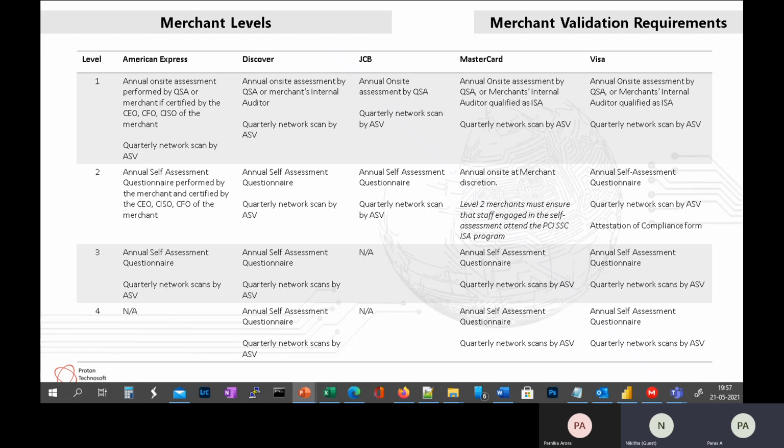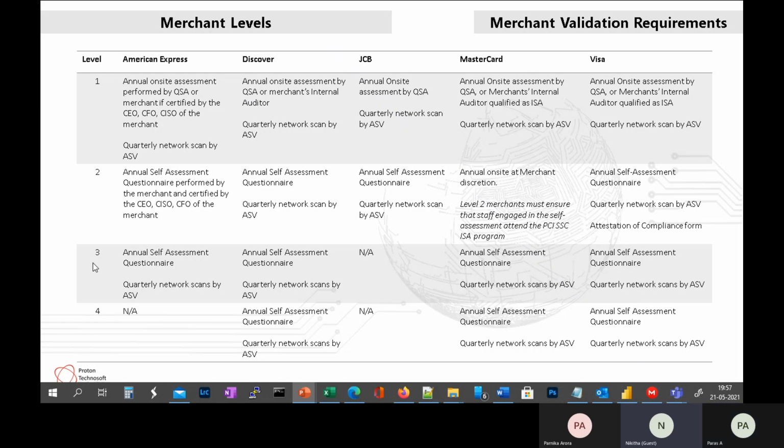You can fill up a questionnaire and self-certify that you are taking care of the security controls. Discover says similar, JCB and MasterCard say it has to be an on-site audit itself. Visa says a self-assessment questionnaire is good enough.